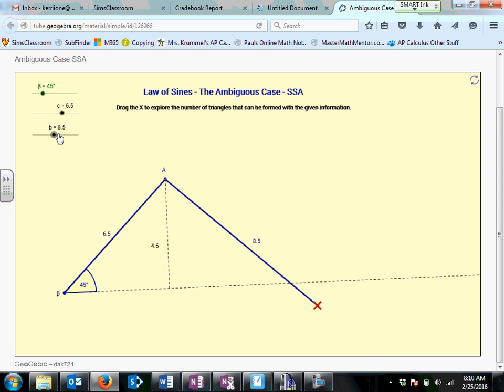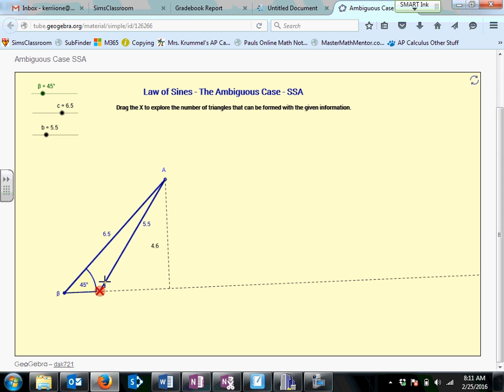Now let's go the other way. When I toggle this back and forth, here we make a triangle, and there we make a triangle.